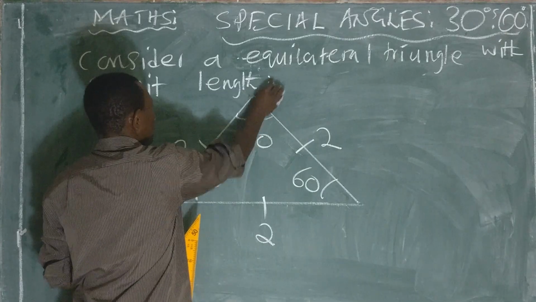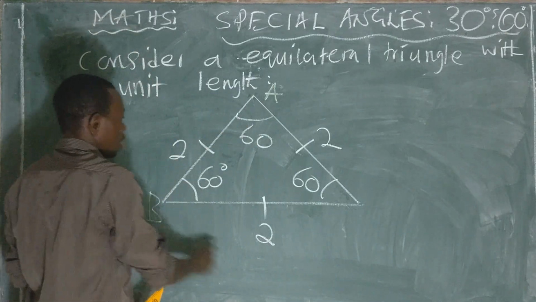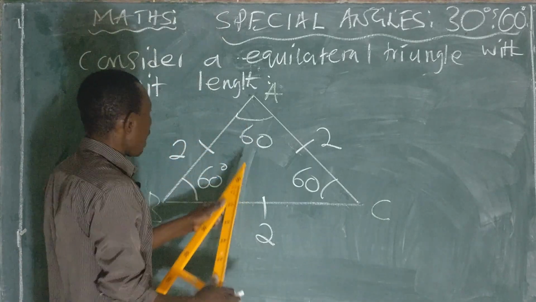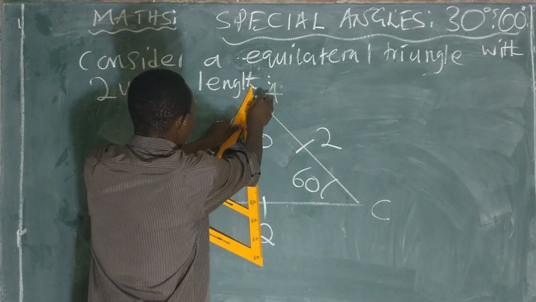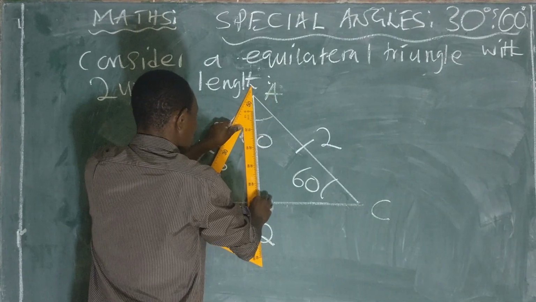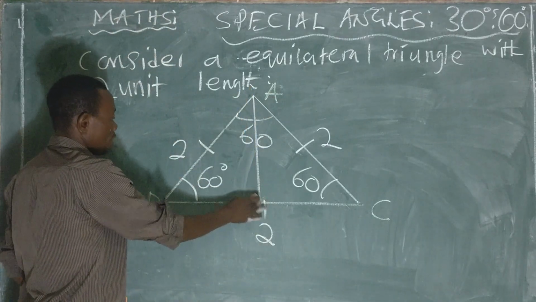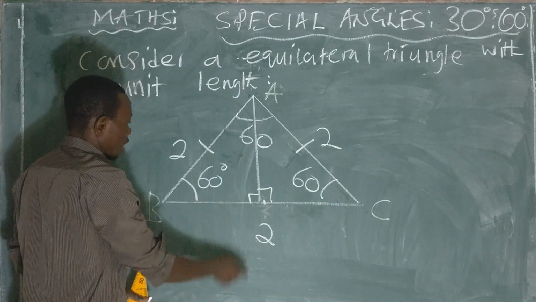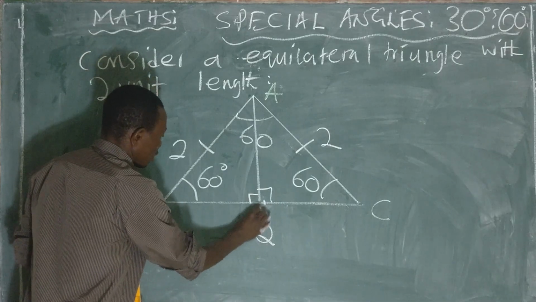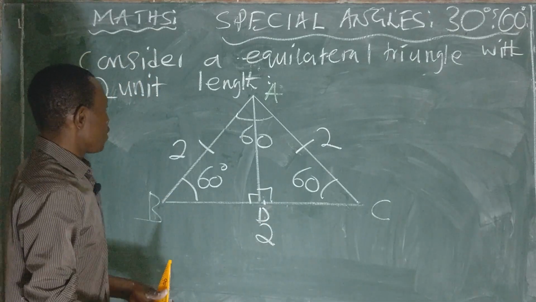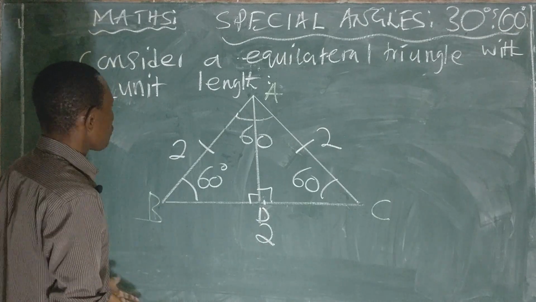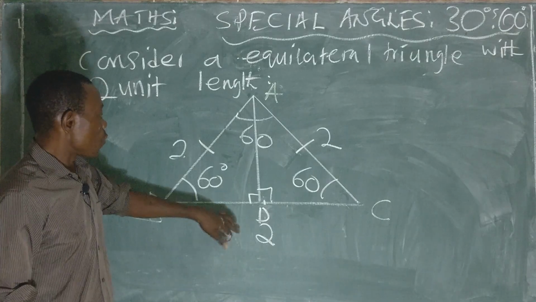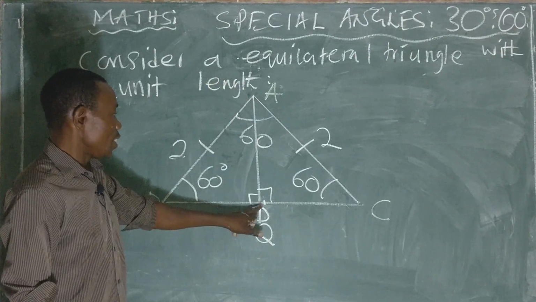Let me describe this vertex as A, this one as B, this one as C. My height will be a line from A going down to BC, meeting BC at this point here, which we can call point D. So this is just a height, AD. In short, let's consider an equilateral triangle with sides 2 unit length with a height AD as such.